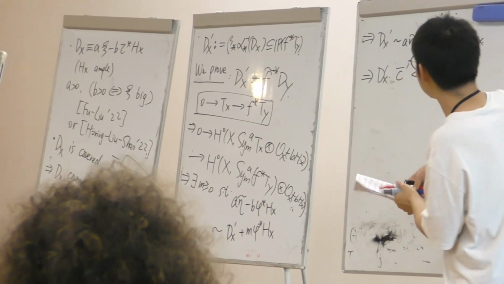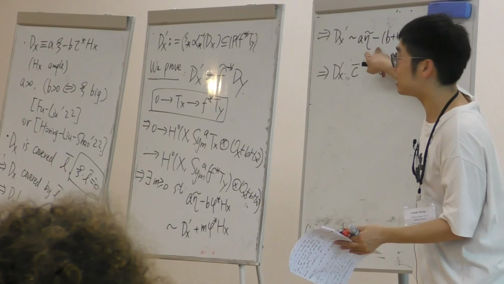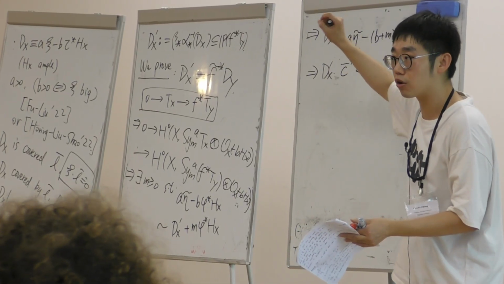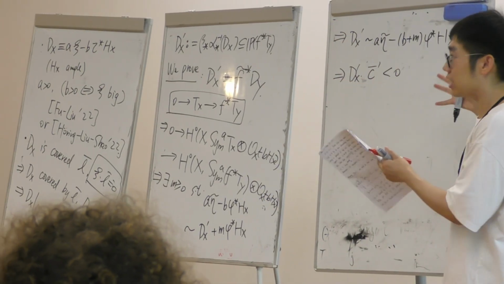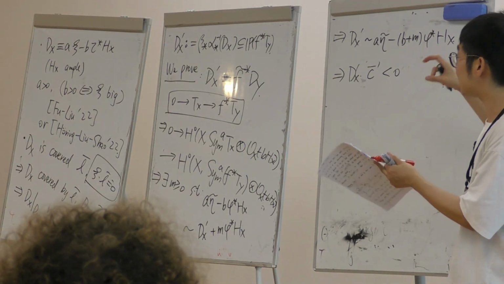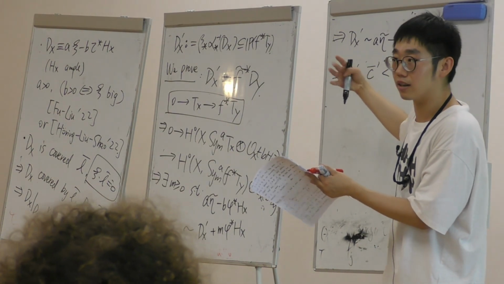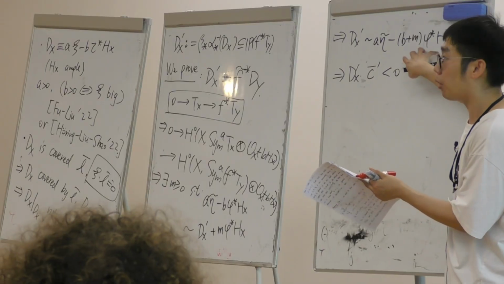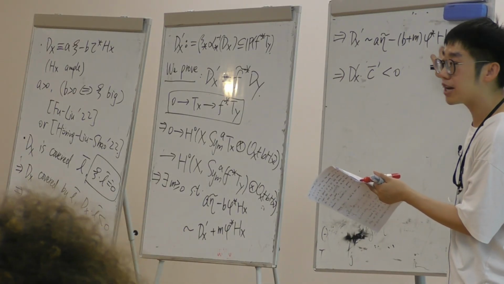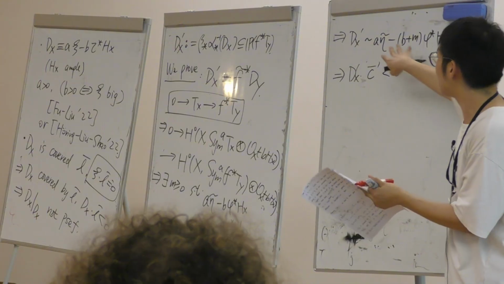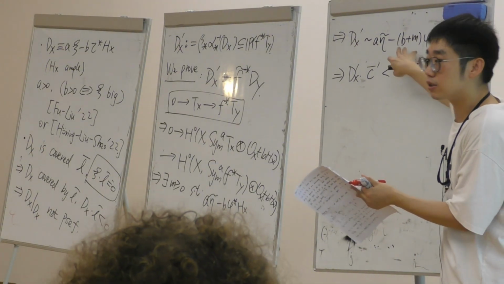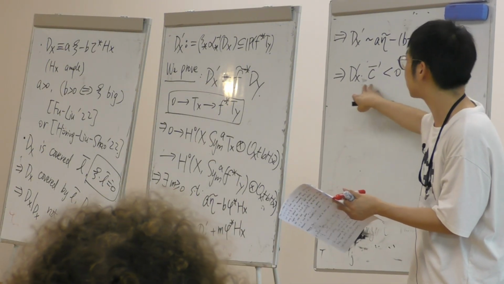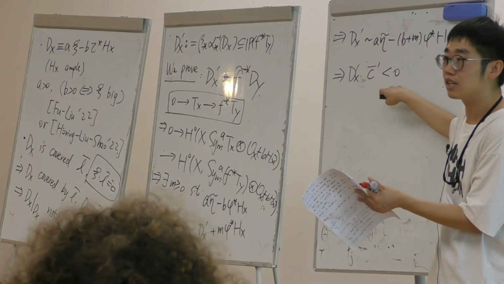And then clearly this eta tilde times this C bar prime is equal to 0, because it's just from the projection formula, because this C bar is coming from downstairs. But hx has positive intersection with C, so that this is negative. This being negative means dx prime times C bar prime is negative.